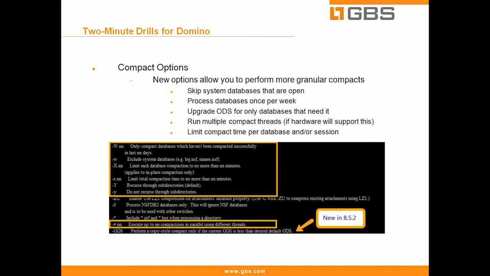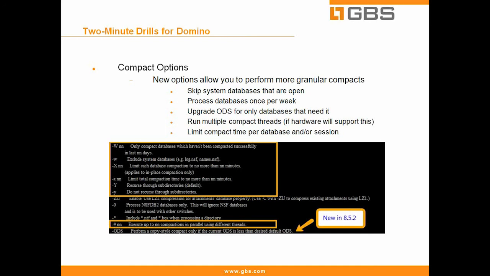And a lot of new options that allow you to skip the system databases, so you're not trying to compact names and log when you run the compact, because they just error out anyway. Allows you to process databases once a week or once every X days if it's been processed successfully before.